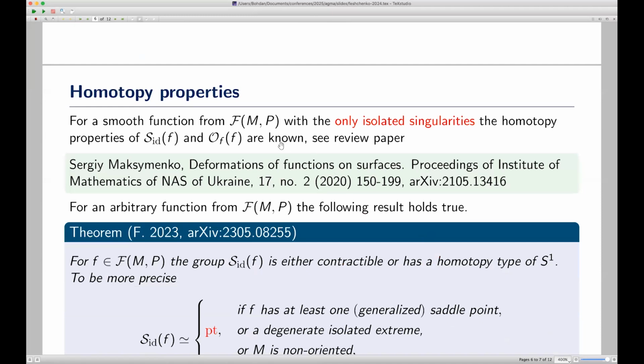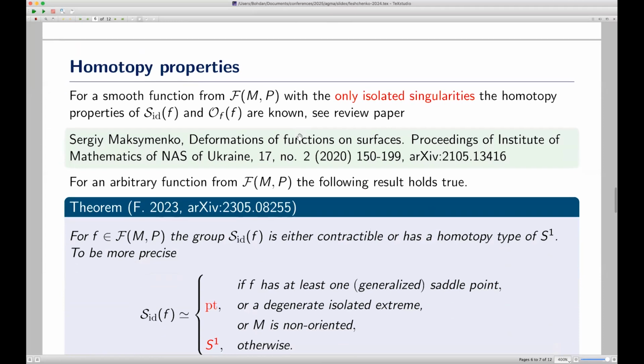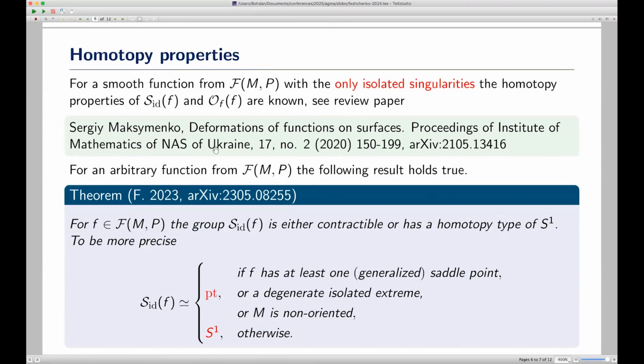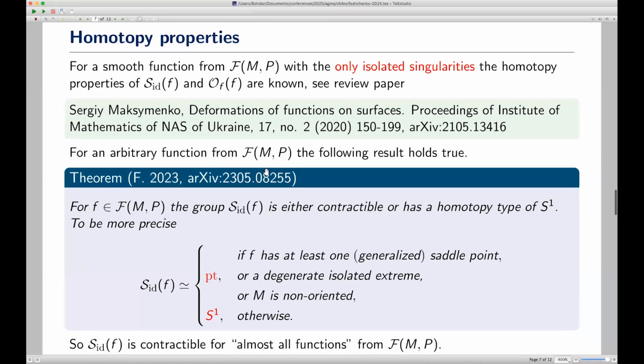For functions from this class with only isolated singularities, the homotopy properties of these spaces are well studied. And for an arbitrary function from this class, the following results hold.